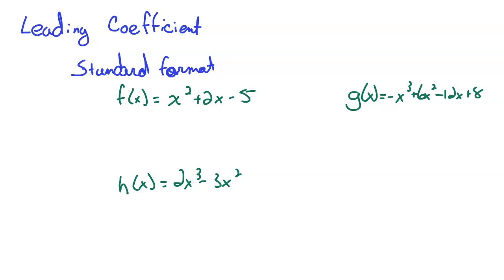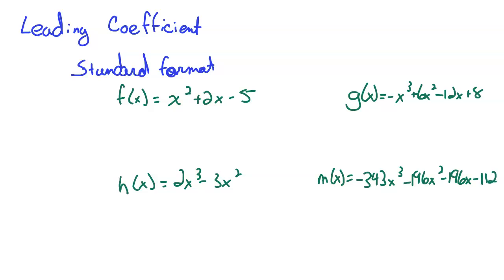Or maybe it looks something like m of x equals negative 343x to the third minus 196x squared minus 196x minus 112.